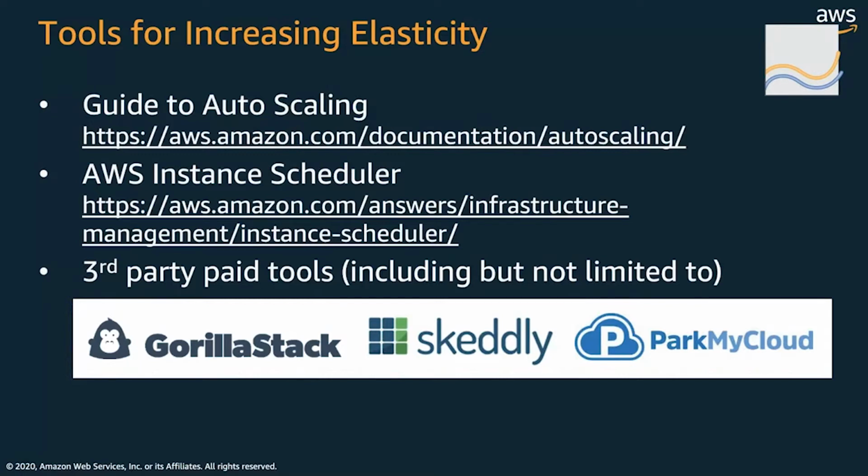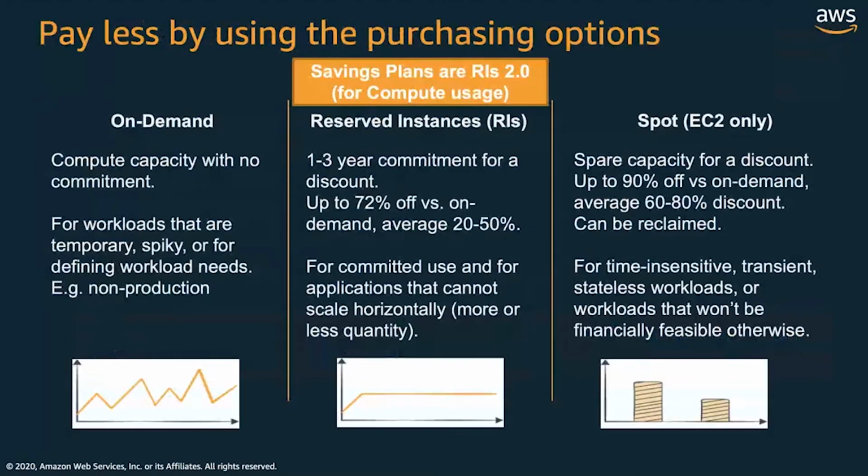So what you will do is define, let's say, a working day between 9 o'clock in the morning and 5 o'clock in the evening. You might turn all your infrastructure on at 8:30 and turn it off at 5:30. So Instance Scheduler allows you to do use cases as basic as that, and also much more sophisticated use cases. There are tools from third parties as well for doing this sort of thing.